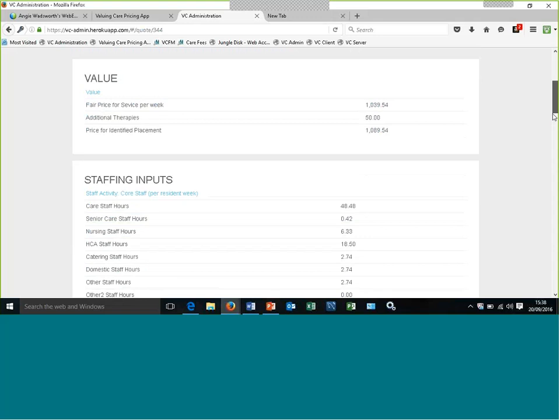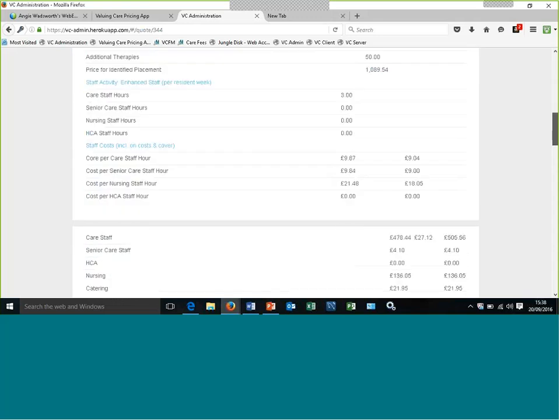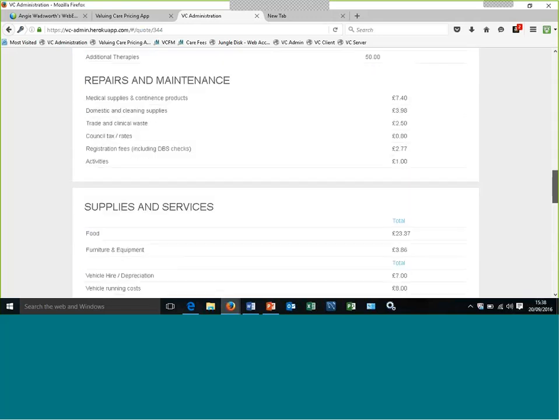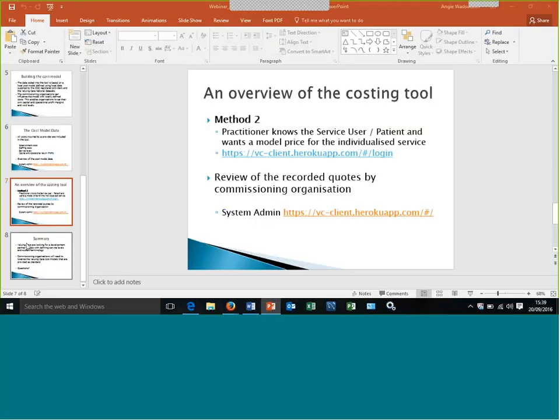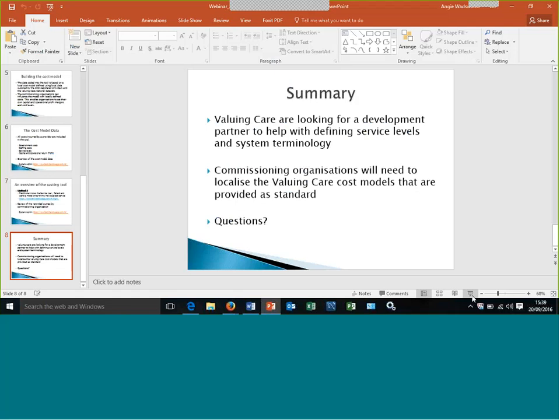And again, from a systems administration perspective, I've got an overview of all of the quotes that have been generated for my organisation, and there'll be a suite of reports available both locally and for Value in Care. We'll have a suite of national reports where we can start to look at the different purchasing behaviours across each particular commissioning authority. So I'm now going to hand back over to Ray just to close the session for us.